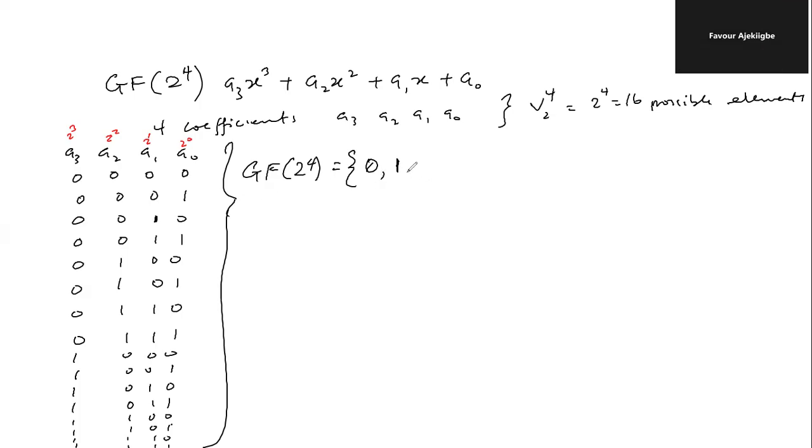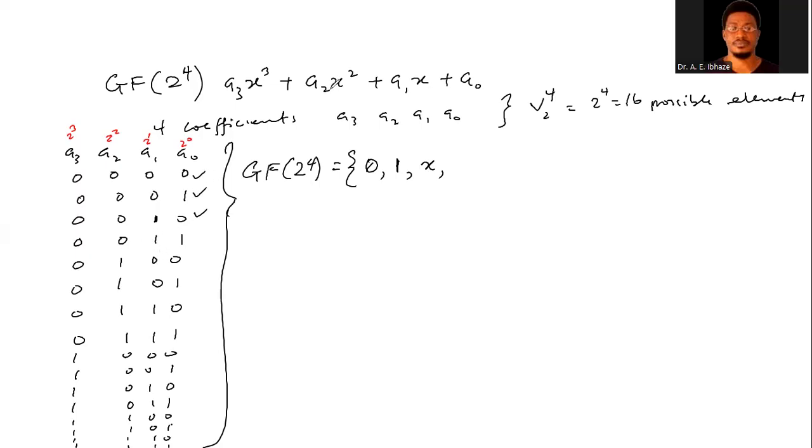Is that clear? Yes. The next: this is 0, this is 0, but A1 is 1 times x, so this is x.